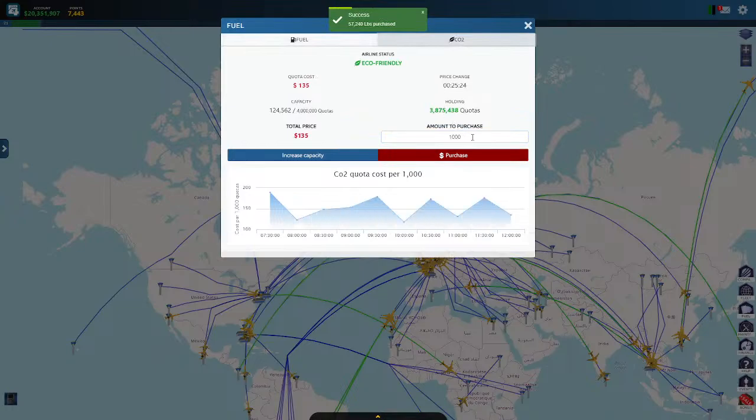And then I have to pay for this CO2, 562, right? And then, well, did I write something wrong? It's still 1,000. Yeah, there we go.